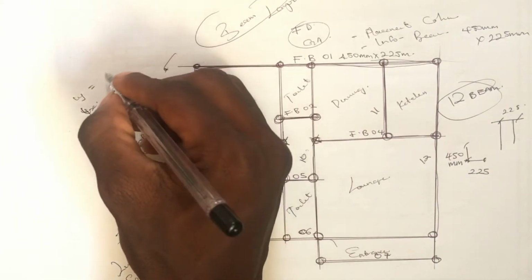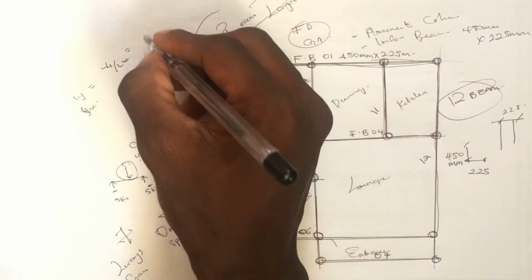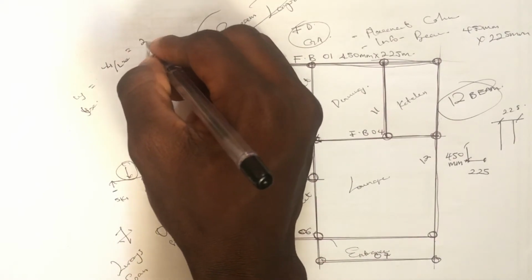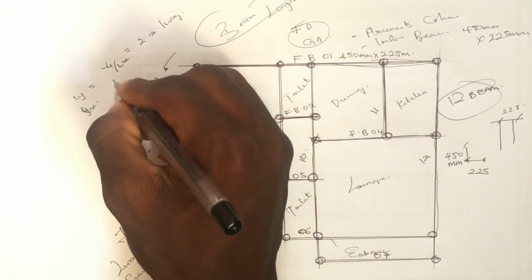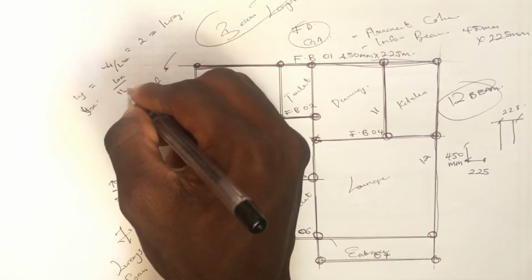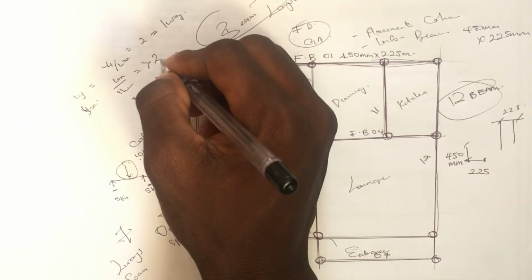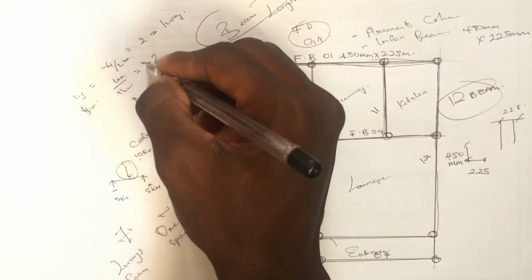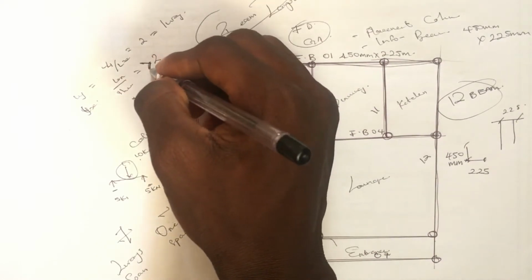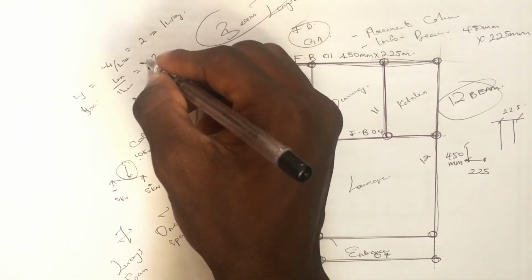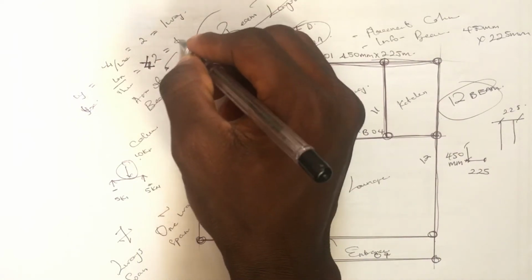Whenever we divide our long span over our short span, if we get 2, we make it a one way. If our long span over our short span is less than 2, that is when we make it a two way.